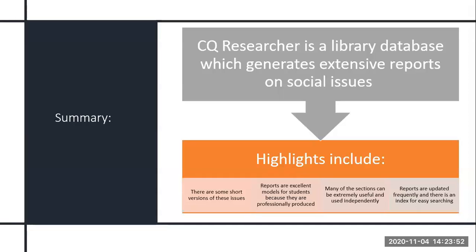So these reports are fairly lengthy, but they're excellently written and provide a good model for our students because they're really professionally produced. Many of the sections can be used independently, meaning you don't have to read the entire report. And they're frequently updated. I told you about that alert feature. It's a great resource to keep abreast of what's going on in social issues here in the United States.